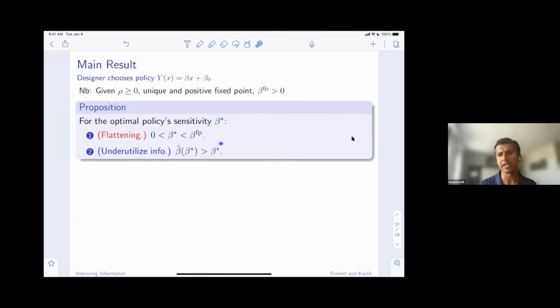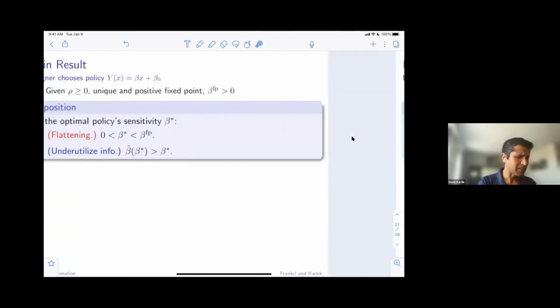That's the second statement over here. That is, the amount of information that the agent generates through her action in response to the optimal policy would actually mean that the designer, if she didn't have infinite power, would want to now make the allocation more sensitive in turn.